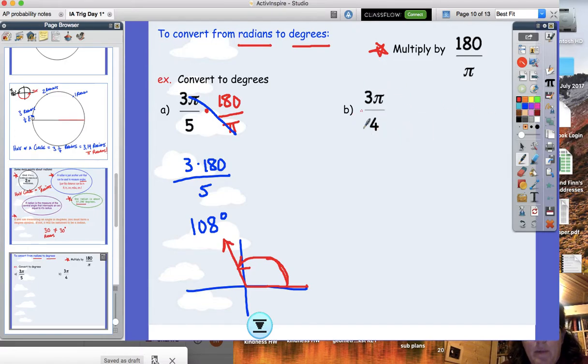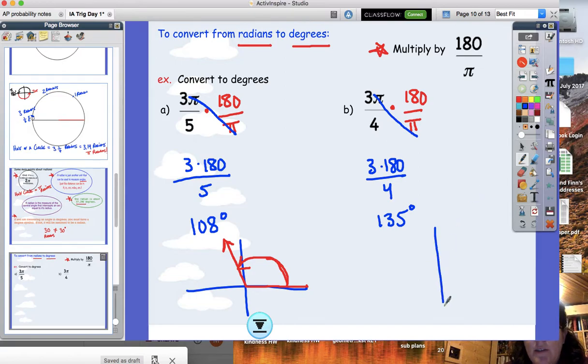Okay, if I have 3 pi over 4 radians and I want to convert to degrees, again, I'm going to multiply by 180 over pi. The pi's are going to cancel since I'm multiplying by pi on top and on bottom. So then I'm left with 3 times 180 over 4. When you type that in your calculator, you get 135 degrees.